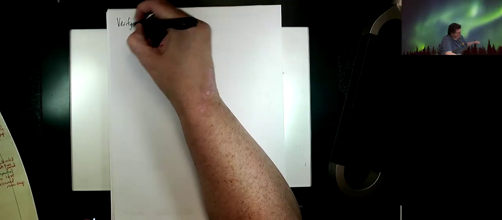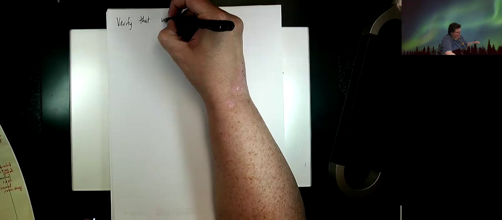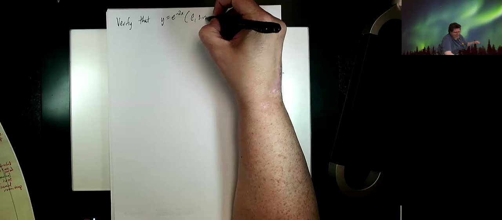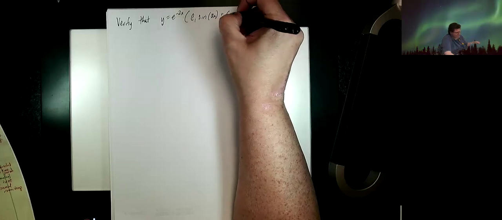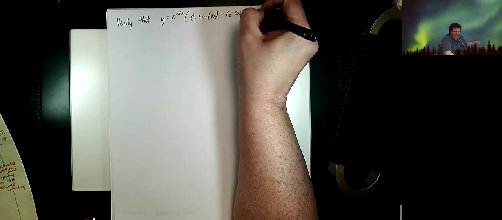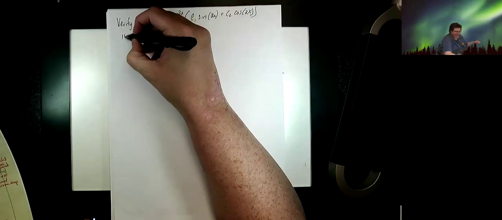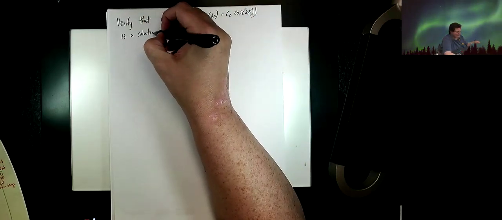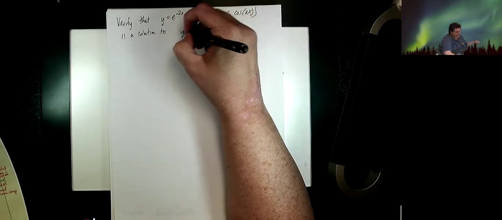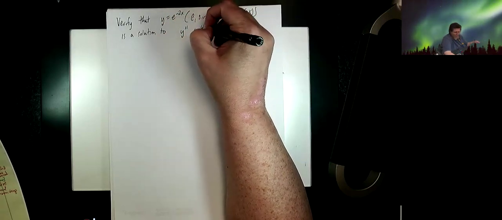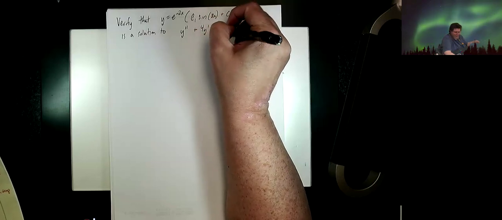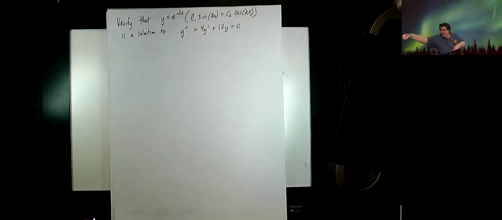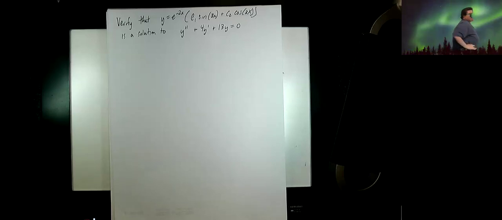Verify that y equals e to the negative 2x times c1 sine 3x plus c2 cosine 3x is a solution to y double prime plus 4y prime plus 13y equals 0. Yeah, boom. Let's just go straight to challenging right away. Like third example.